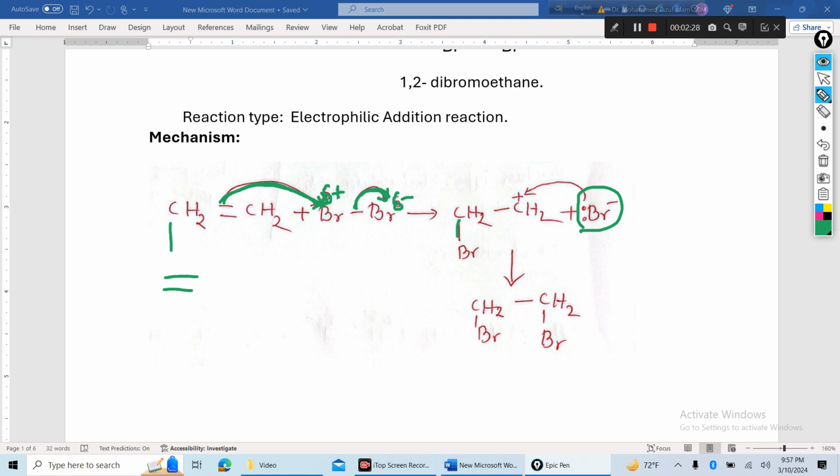As bromine is added to the left-hand side carbon, this carbon becomes positive, so I write positive here. Then this bromide ion gives its lone pair electron to the positive carbon to produce 1,2-dibromoethane.